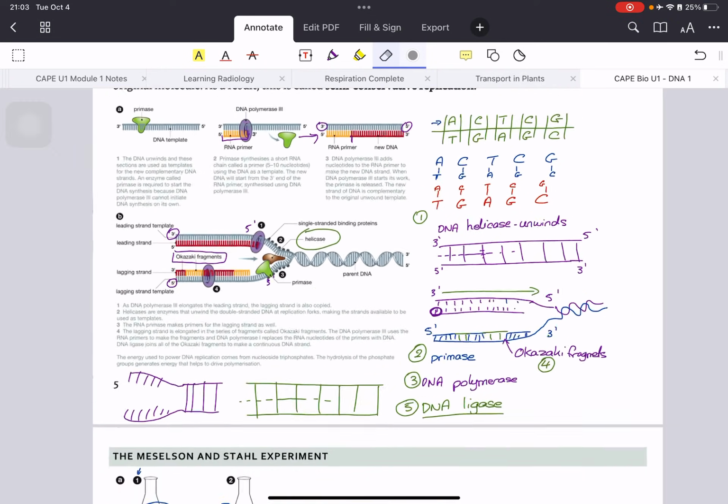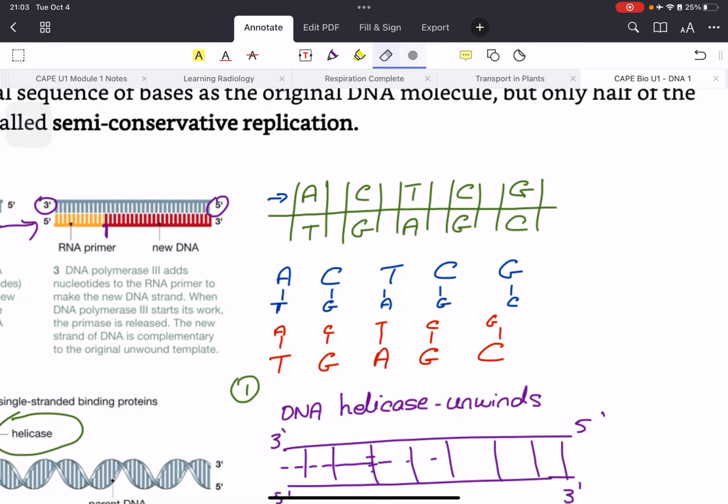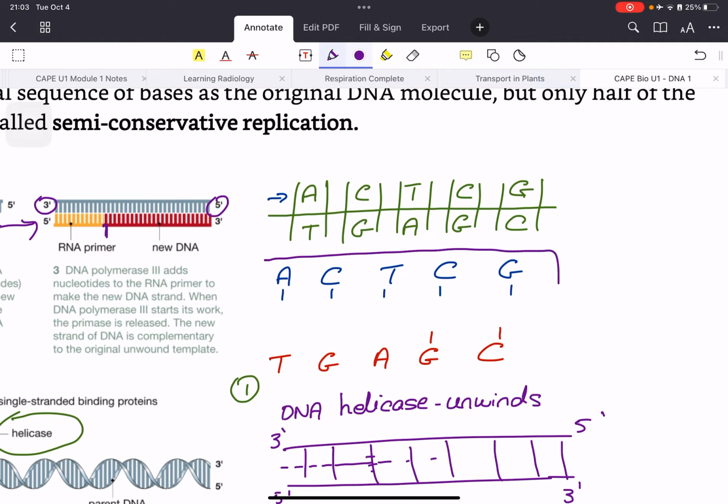But this here is what I mean by how DNA polymerase works. So let me see if I could erase the little parts here. So this was the original DNA molecule. This was some of the bases on the DNA molecule.